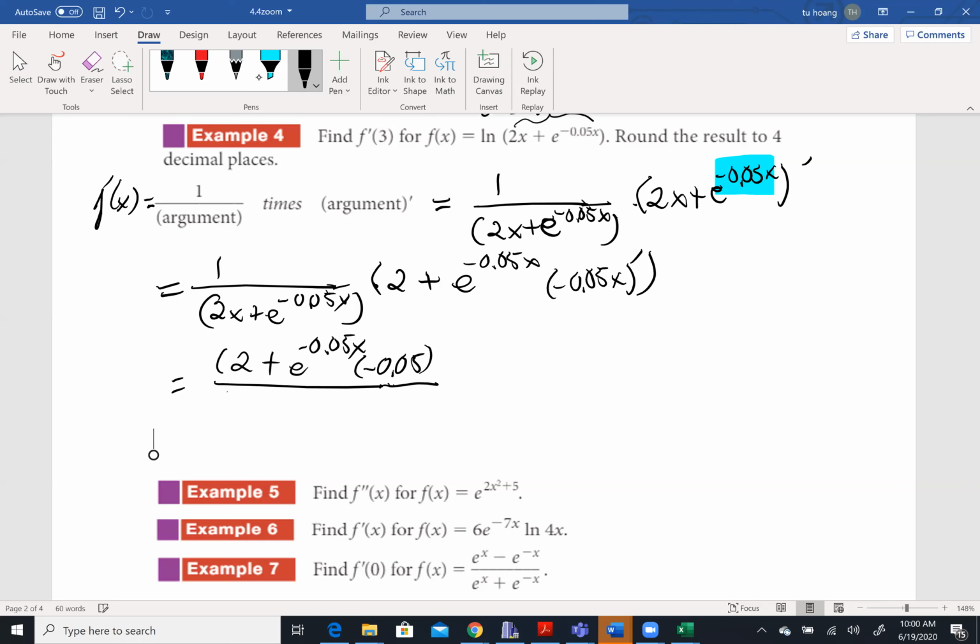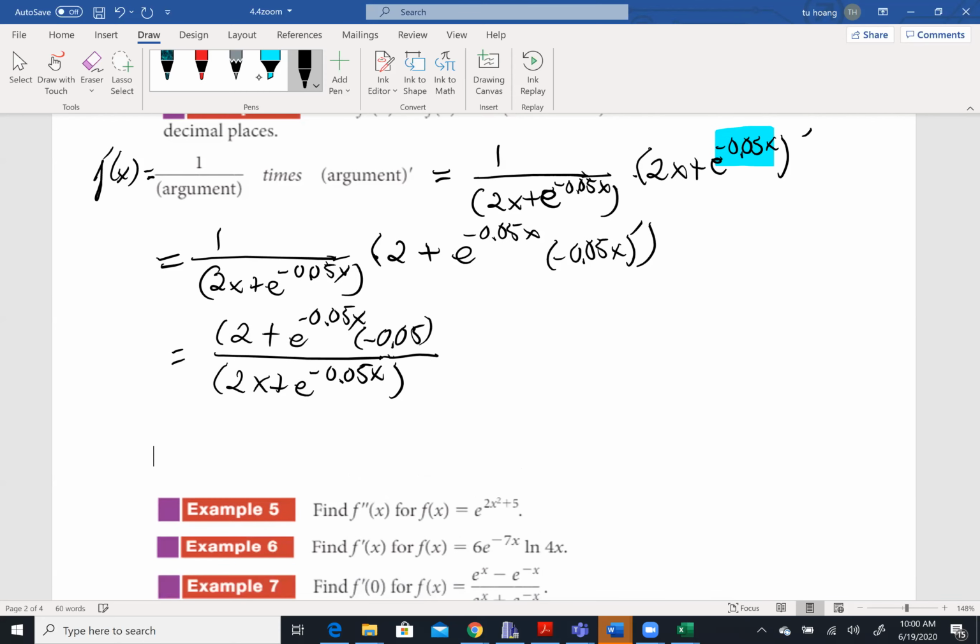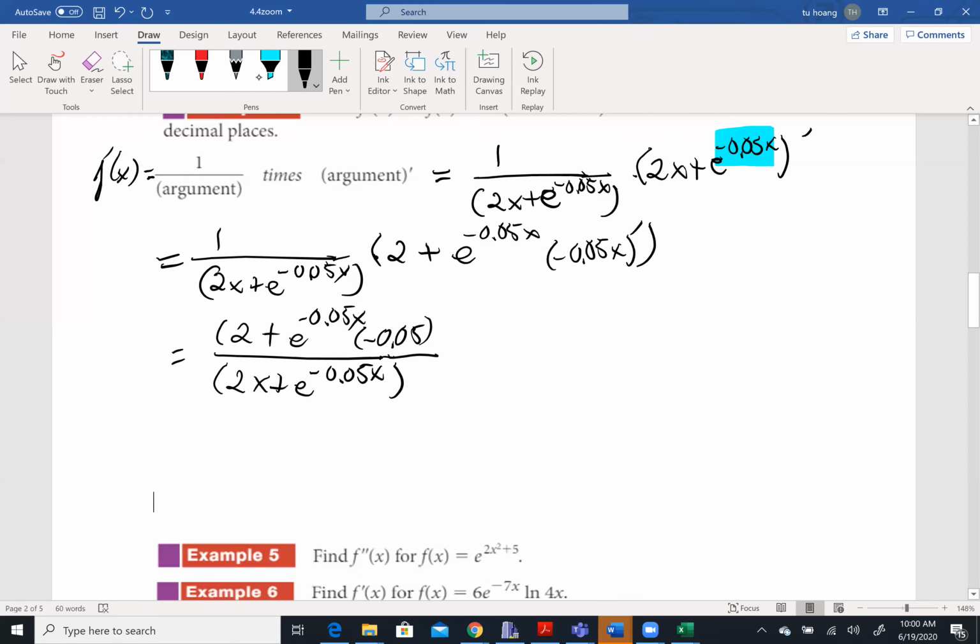And the bottom is 2x plus e to the negative 0.05x. Okay, so this is f prime of x, right?